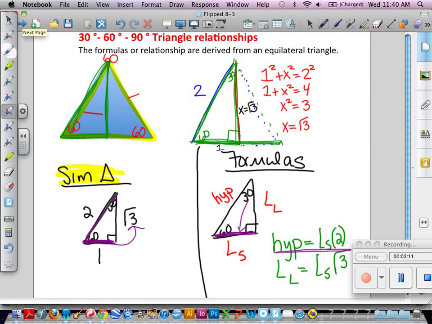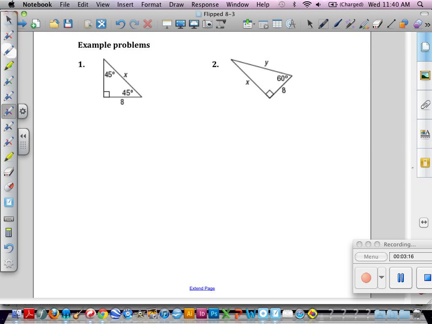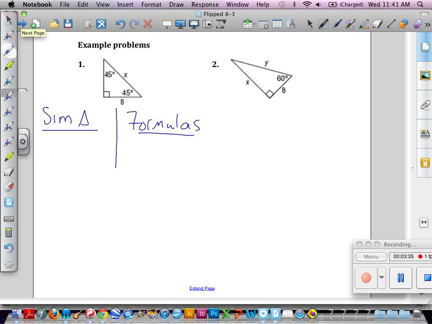Let's go ahead and look at our problems in our lesson. In the first problem, I have a 45, 45, 90 triangle. So my choice is I can do similar triangles or I can use formulas. I'm going to show you how to do it both ways. In the similar triangles, I had a 1 here, a 1 here, and a root 2.